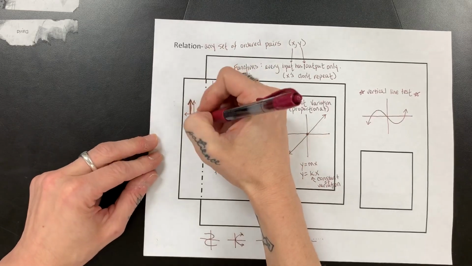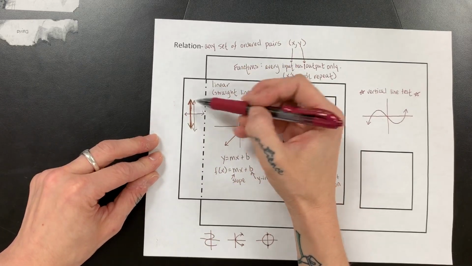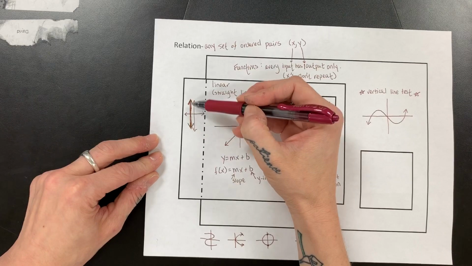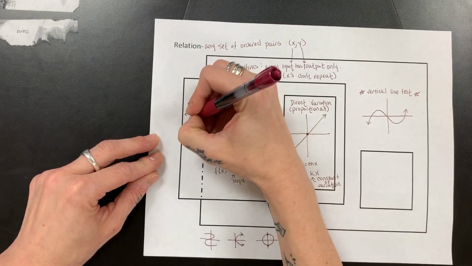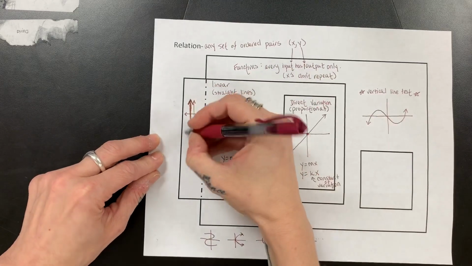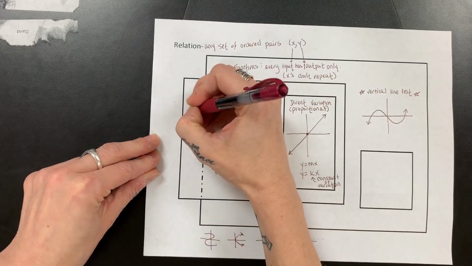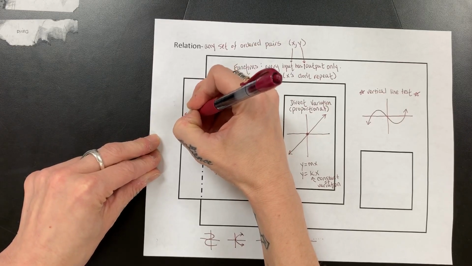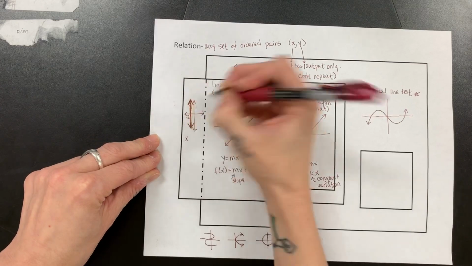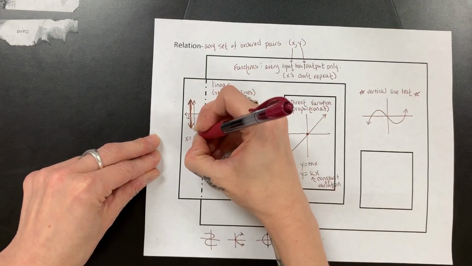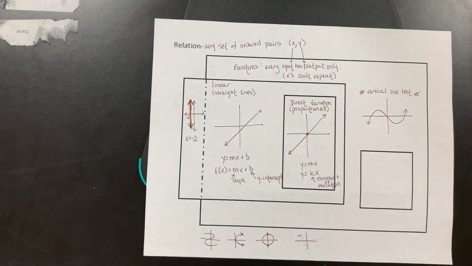It's a continuous relation, right? It would go for infinity, but it doesn't pass that vertical line test, right? It hits this line everywhere. So this cannot be a function, and it only intersects one axis. It intersects the x-axis. So say that this was -2 on the x-axis, we would have x equals -2 as the equation for that line.